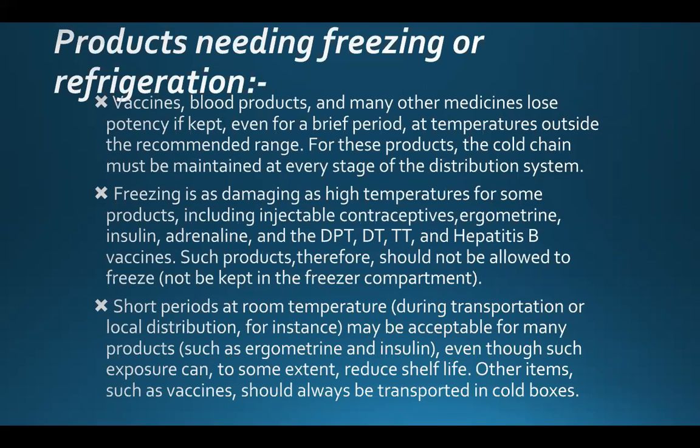Other items such as vaccines should always be transported in cold boxes. These products may remain exposed for 5, 10, or 15 minutes during shifting to the proper shelves, but you must ensure that they are placed under the required temperature.